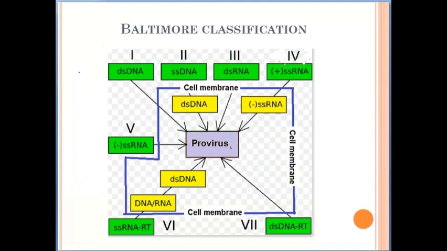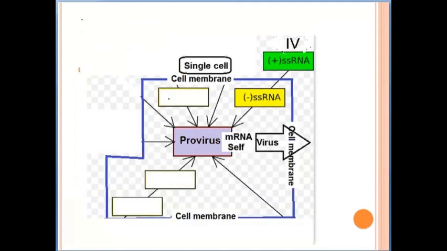We start with the Baltimore classification, which classified 7 classes of viruses and their interaction with the single cell. So here is our class 4, which includes polio, and what we see here is that it attaches to the cell receptor and triggers the formation of a provirus, and the provirus controls 2 functions.